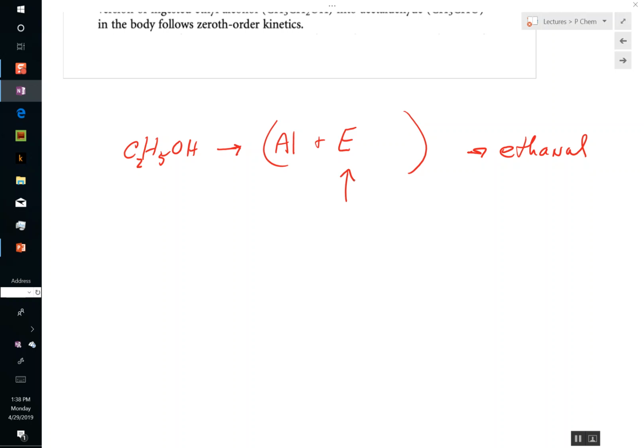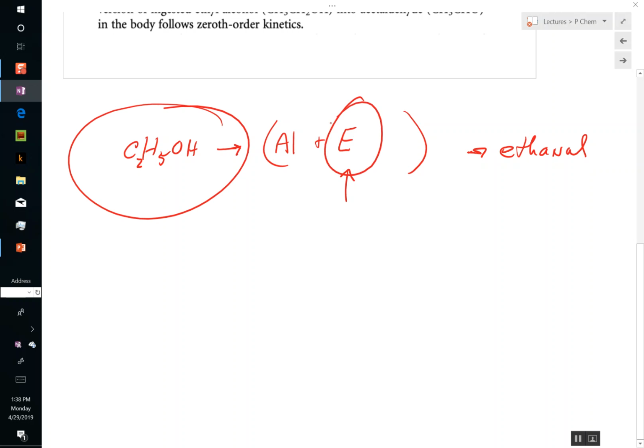I think that's what's going on here. That's intuitively what I see going on in my mind. It doesn't matter how much of this you have, it matters how much enzyme you have. So the rate of the reaction is dependent on the concentration of the enzyme. It's going to go at a certain rate depending upon how much of that enzyme your body has available to convert it, and all the other alcohols just wait.